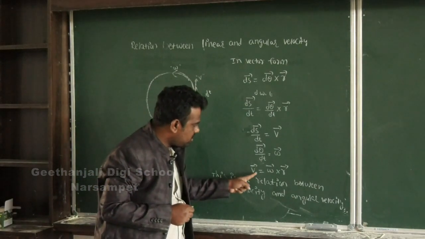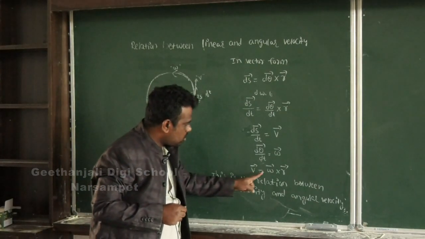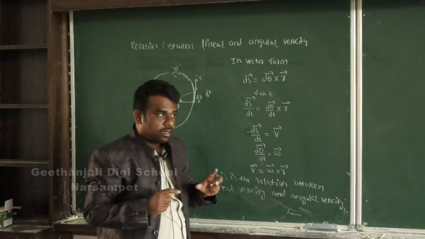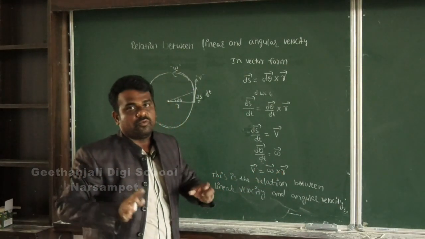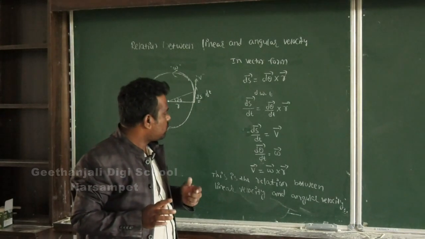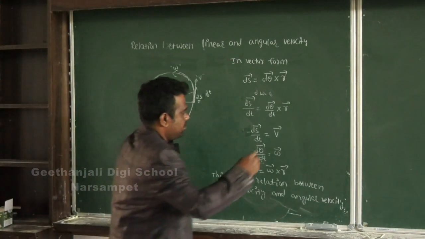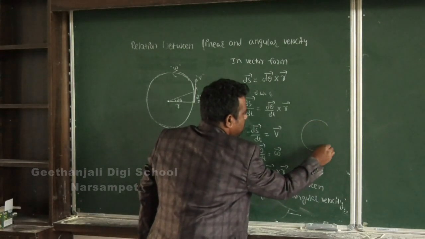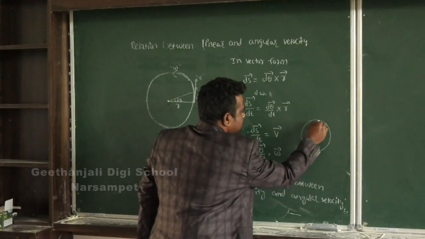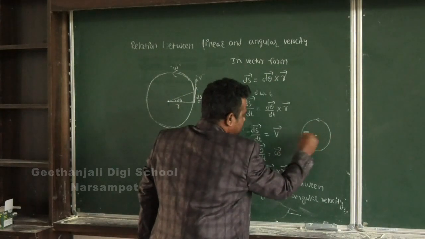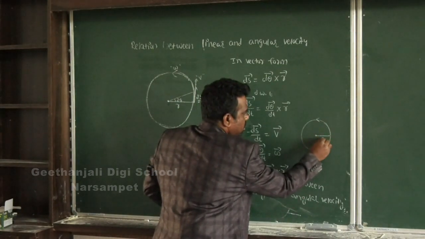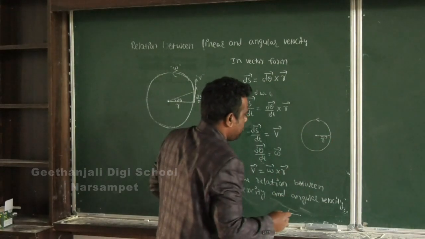So if you observe this expression, omega bar, r bar and v bar are perpendicular to one another. How? Suppose you see, a particle is moving in a circular path with a constant angular velocity in the anti-clockwise sense like this, and this is the position vector r bar, okay.